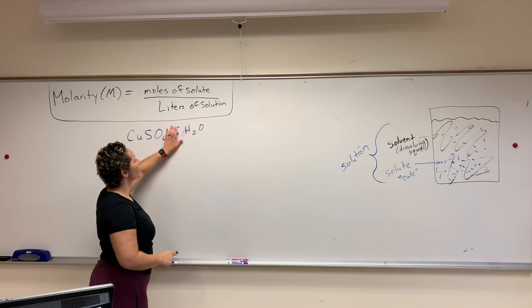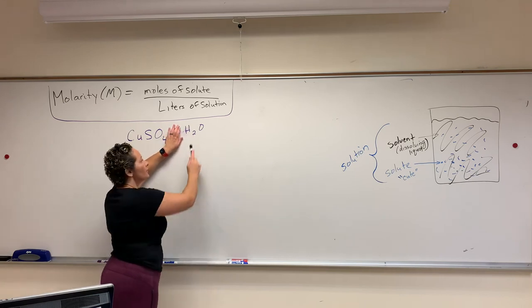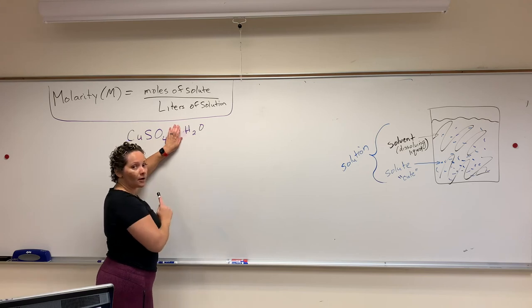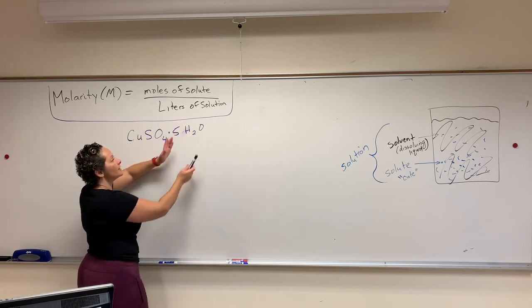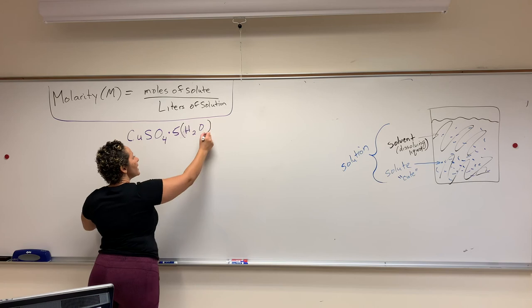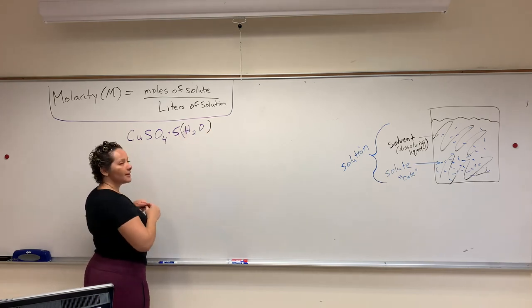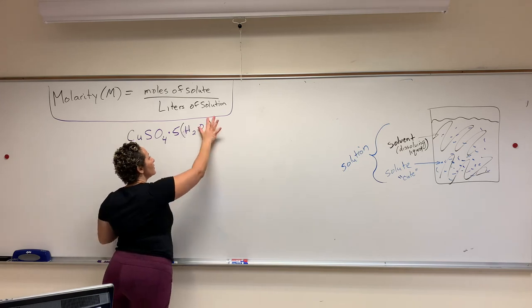Look at over here. In a water molecule, there are 2 atoms of hydrogen and 1 atom of oxygen. But essentially, that's what that means, that there are 5 water molecules, okay? So now that you see that, I'm going to take that away.